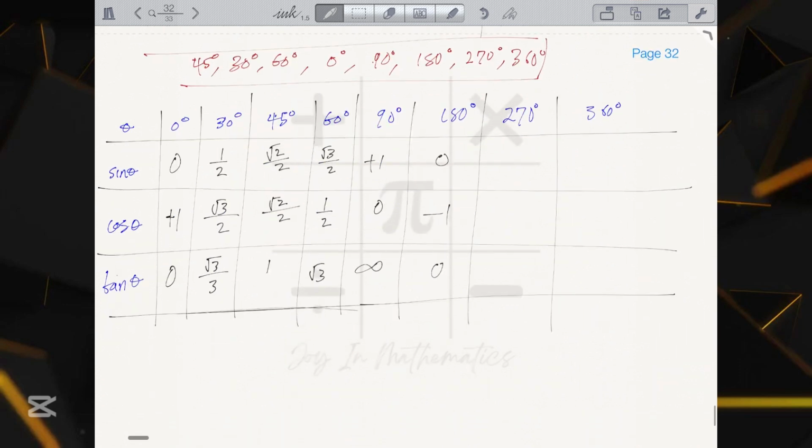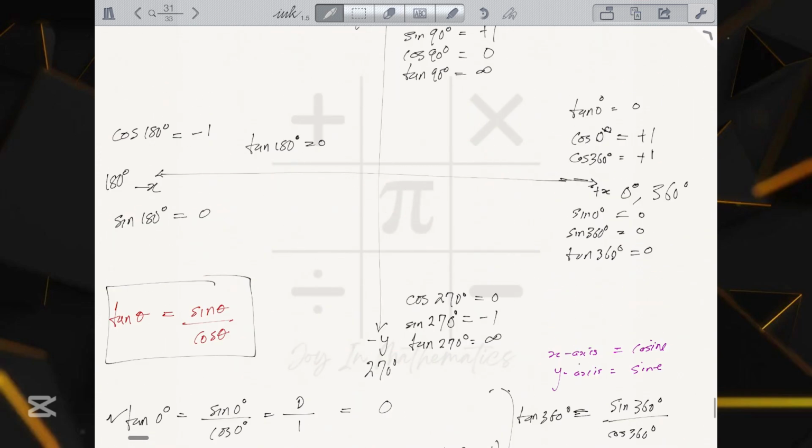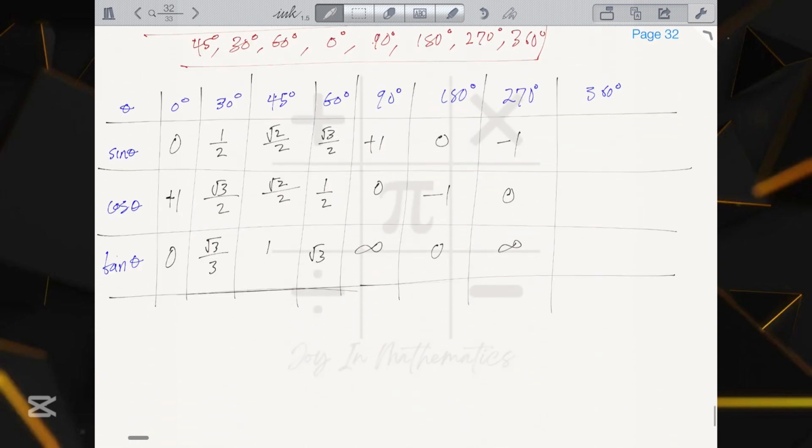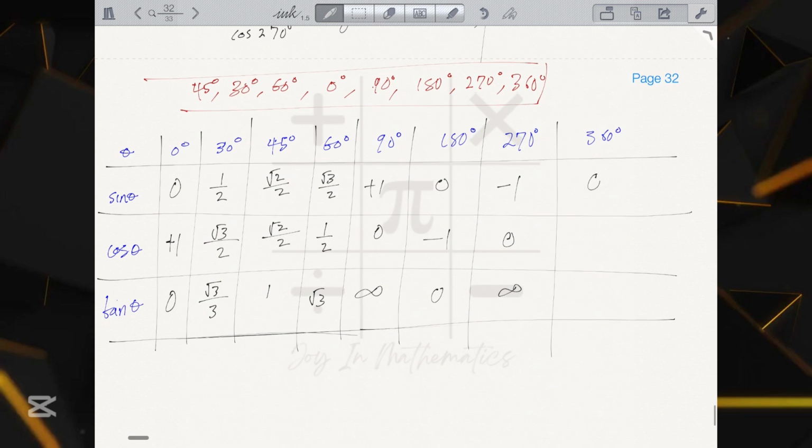And finally, for angle 360 degrees, sine 360 degrees 0, cos 360 degrees +1, and tan 360 degrees is 0.